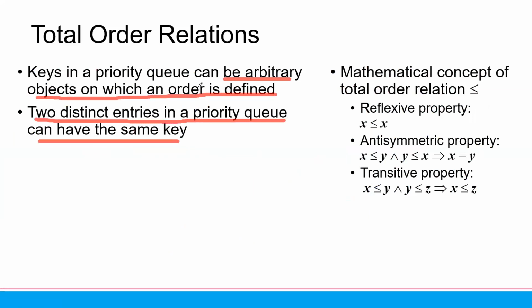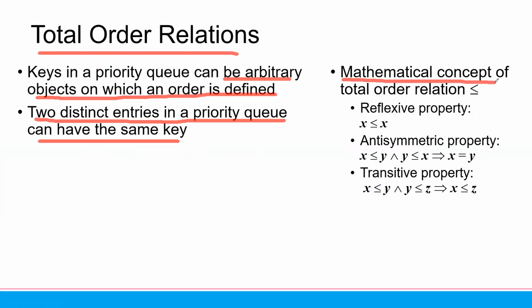So that's why there are rules, which we call the total order relations. The total order relation gives you some kind of condition. When we do the priority queue, we can have these kinds of properties.